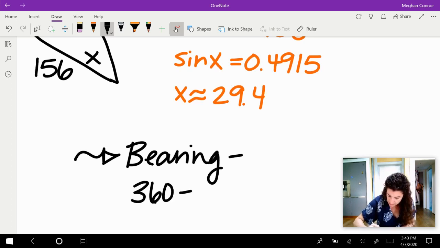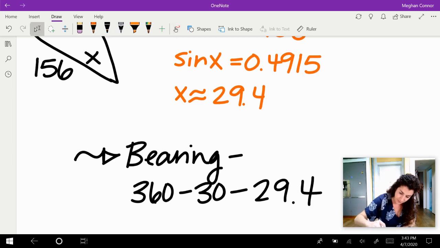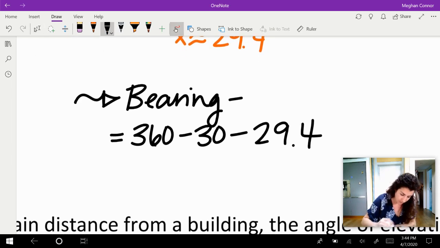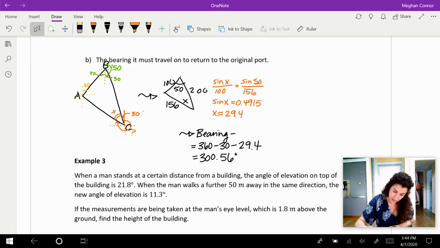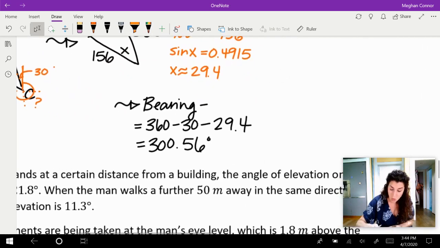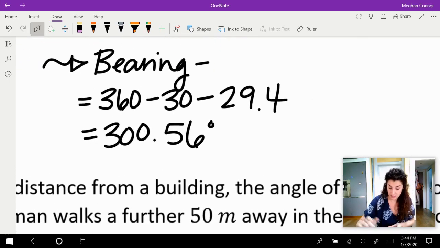So 360 minus 30 minus 29.4. I'm going to scroll up for that 29.4 number, and I get 300.56 degrees. Bearing is always 3 significant figures. So we would have to do 301 degrees.